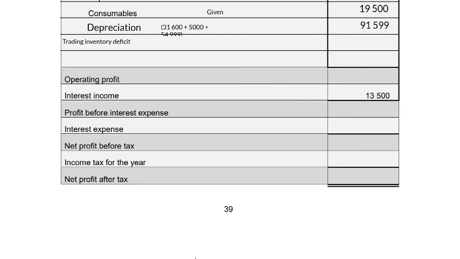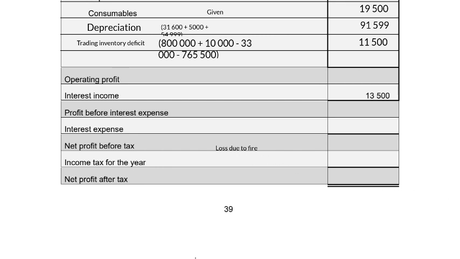Our trading inventory deficit, according to adjustment 2.6, will be 11,500. We got that by doing the calculation in 2.6 to get an answer of 11,500.